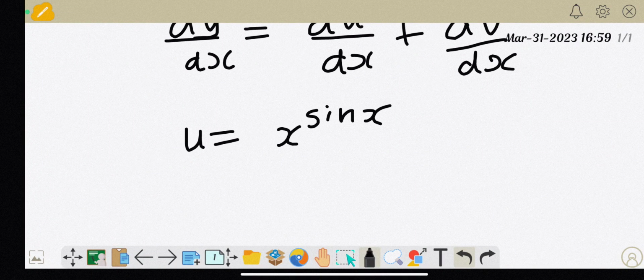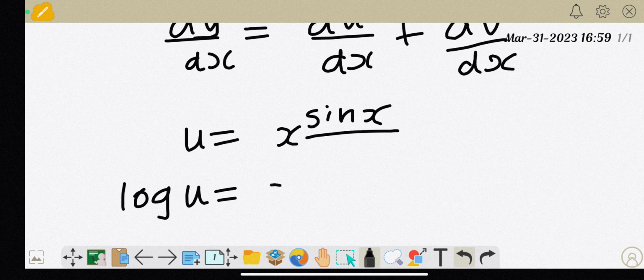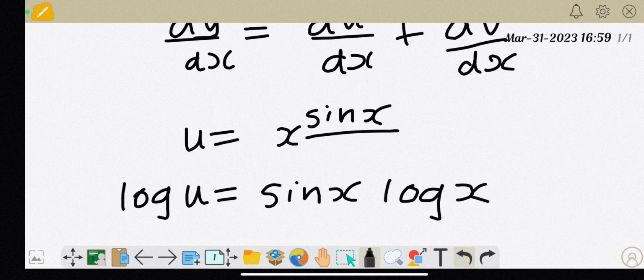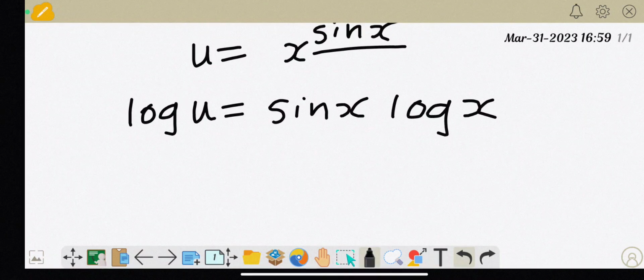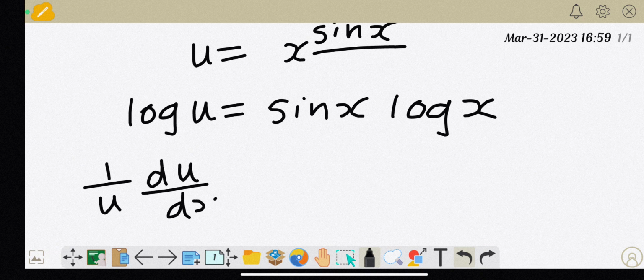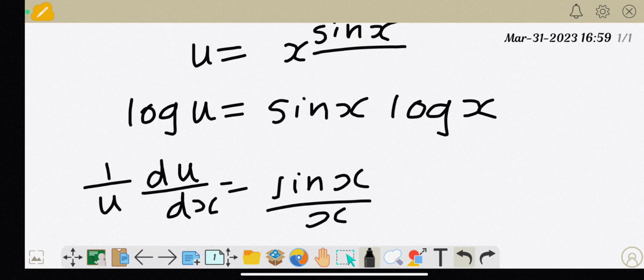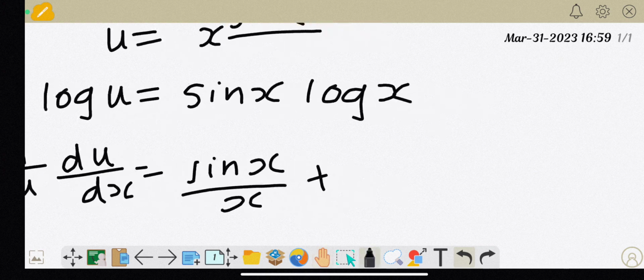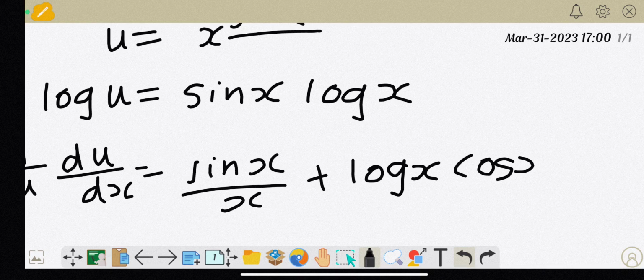Now let u is equal to x to the power sin x. Apply log on both sides. Log u is equal to, here sin x will be a multiple, so sin x log x. Then what you have to do? Product rule. So 1 by u du by dx is sin x, first function, into differentiation of second, 1 by x, plus second into differentiation of first. So log x as it is, differentiation of sin x is cos x.